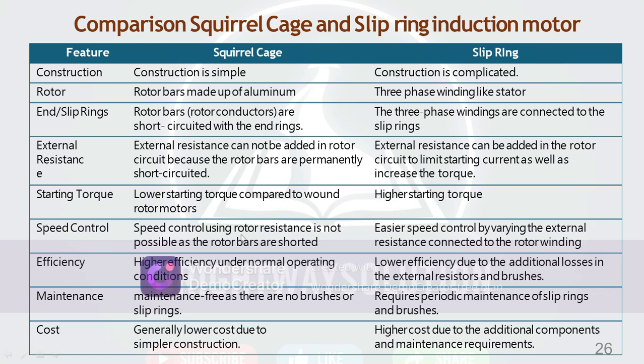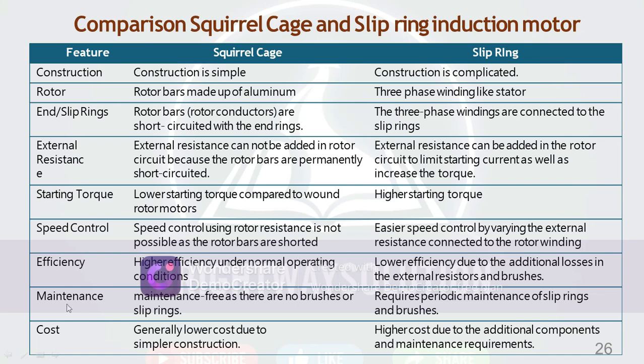Speed control using rotor resistance is not possible as the rotor bars are short circuited. Here speed control is easier by varying the external resistance connected to the rotor winding. Efficiency is higher in a squirrel cage under normal operating conditions. In a slip ring, efficiency is lower due to additional losses in the external resistance and brushes.